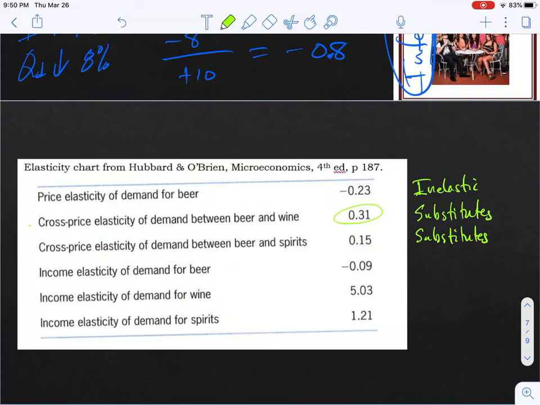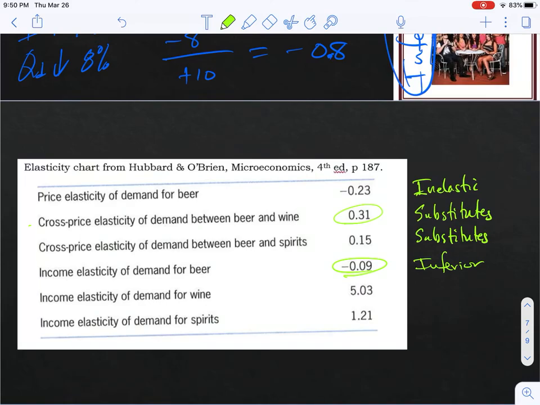All right, income elasticity of demand for beer, minus 0.09. So what does the minus sign tell us? Well, if income elasticity of demand is negative, that suggests that it is an inferior good, right? That people treat beer as an inferior good, and that's true, but it's minus 0.09. Is that a very big absolute value? Well, no, it's actually pretty close to zero.